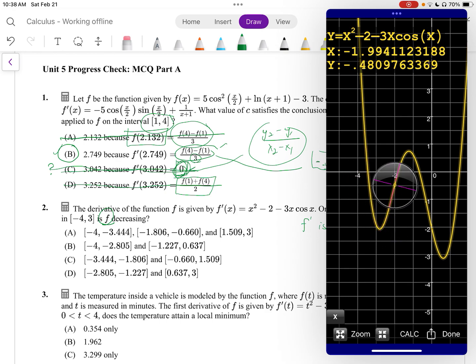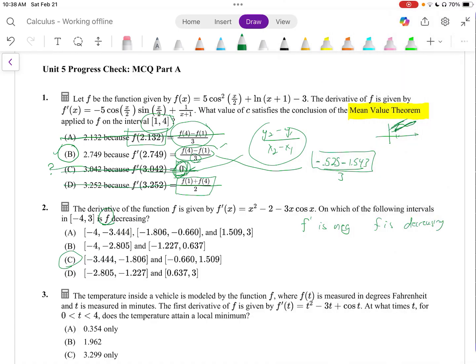It's negative all the way to -1.8. So really the only one that has that in there is this one. Continuing, it's negative from -0.66 all the way to 1.509. So the answer is C. So that was nice and simple.